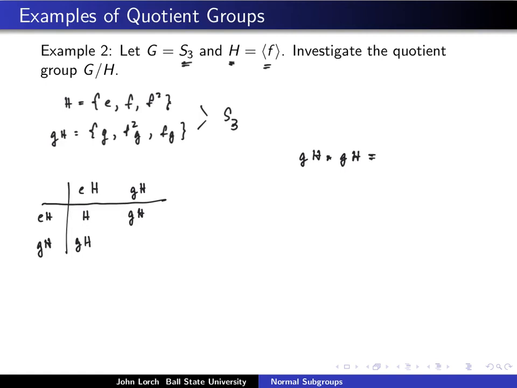And remember how the operation works, that we're supposed to just take the representatives, G times G, take that result, and use that to form a left coset of H. But G times G is the identity. So that's just H. And there's our lovely group table, and it certainly looks a lot like Z2.